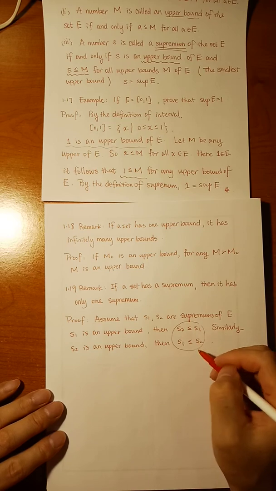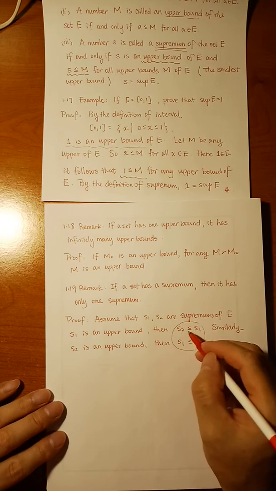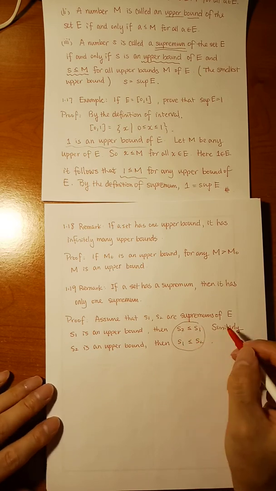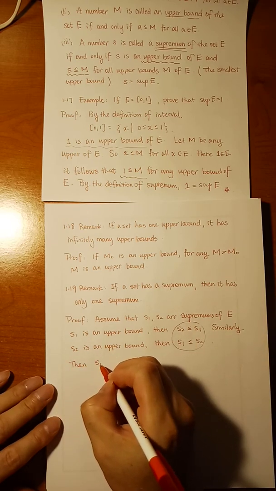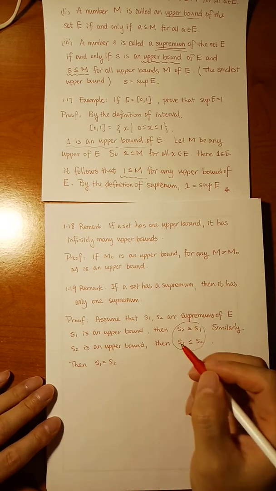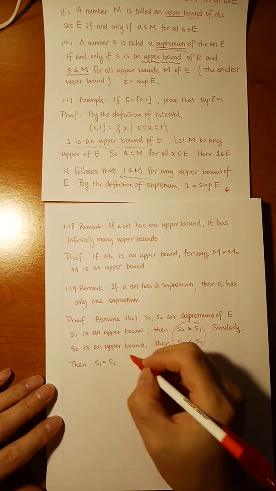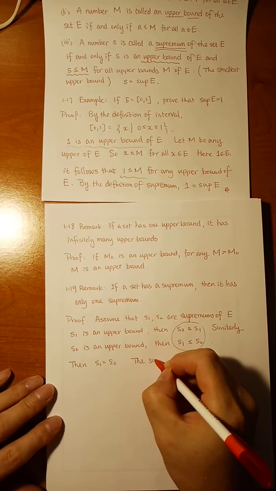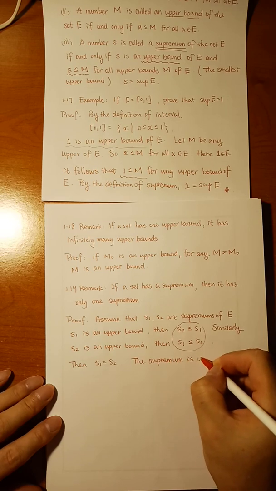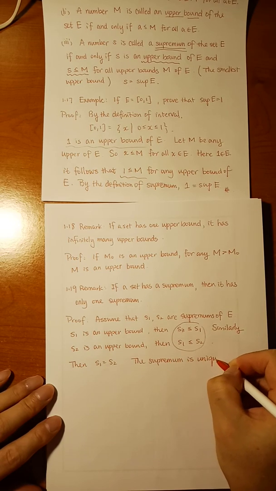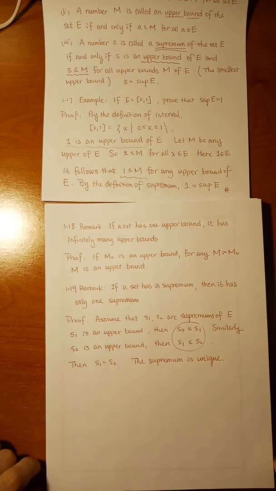Once you prove S2 is less than or equal to S1, and S1 is less than or equal to S2, then S1 is equal to S2. So there is only one supremum. It is unique. See?